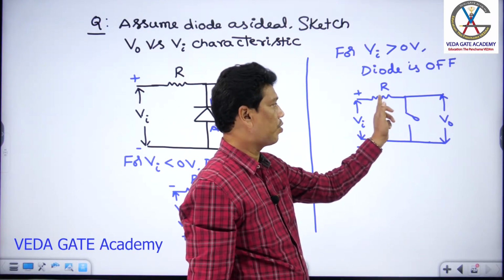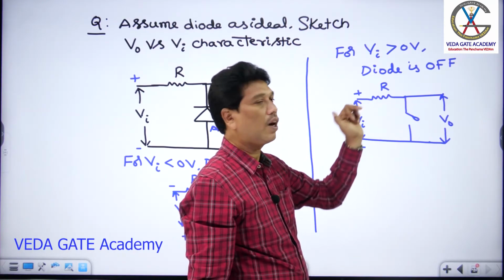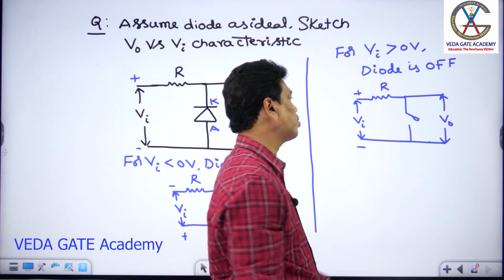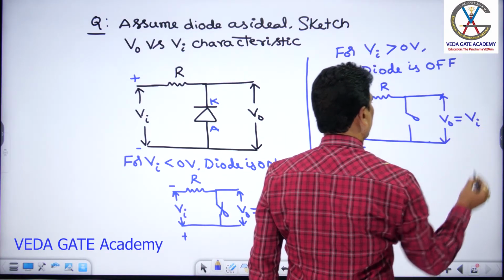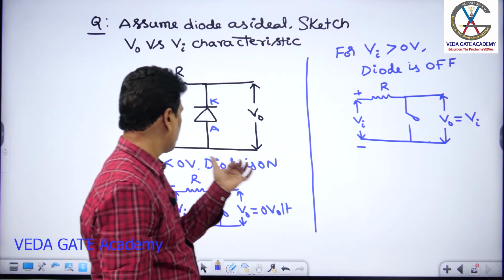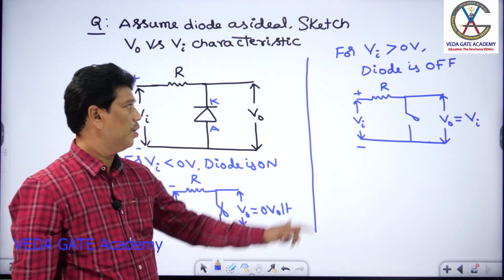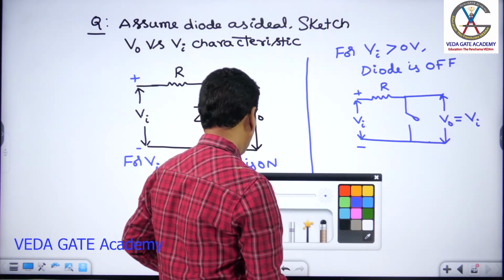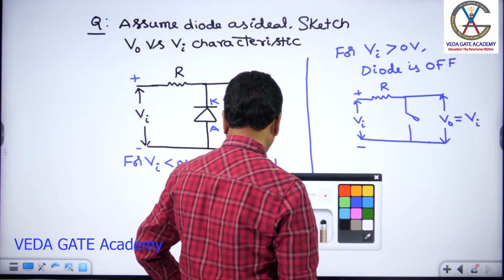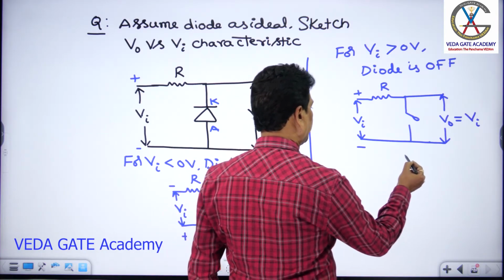IR drop is 0 there, no drop across the resistor, so it looks like a short. Based on that, V0 must be equal to Vi. So for VA less than 0, V0 is 0. For VA greater than 0, V0 equals Vi. Based on that, I can now sketch its transfer characteristic graph. See this one?